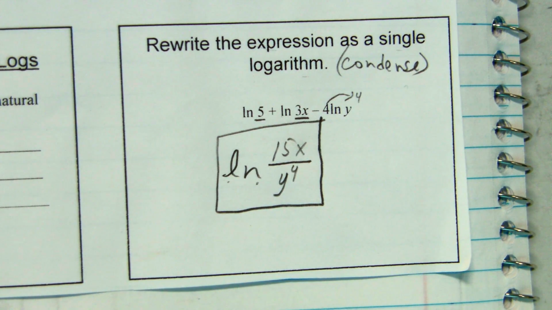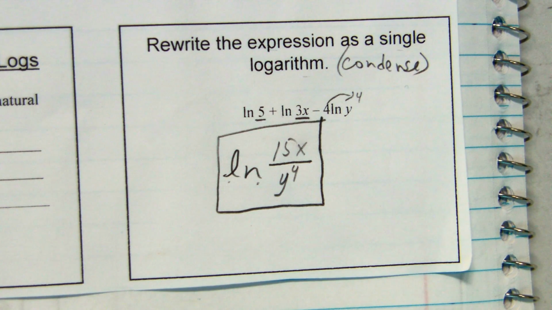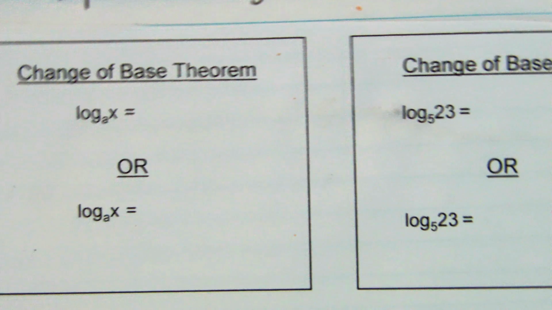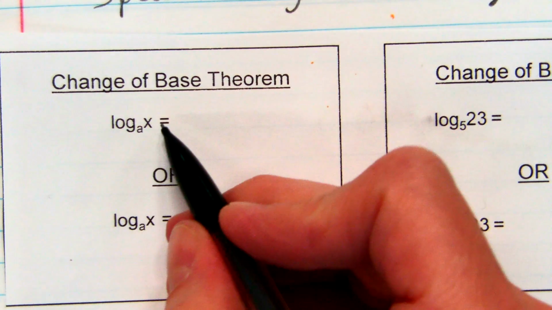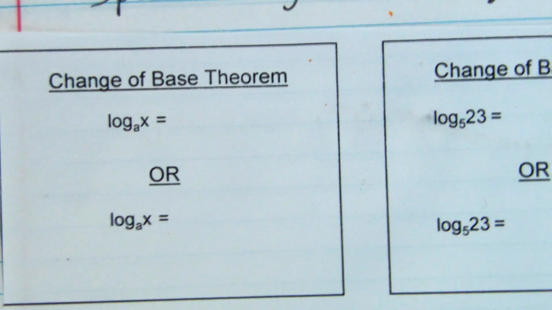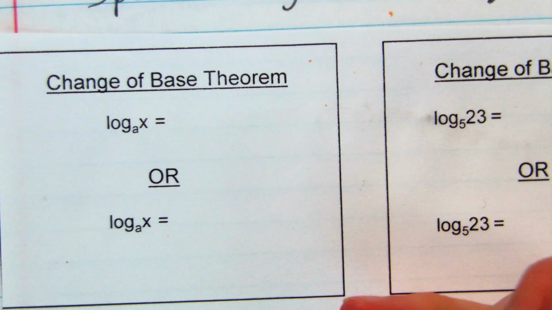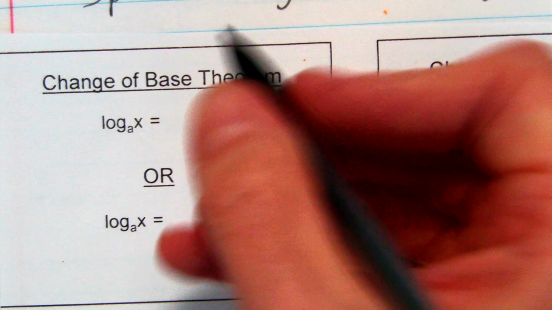All right, so then what do we do about all of the other bases, like base 2, base 3, base 700? We talked about base 10. We only have buttons on the calculator for base 10 and base e. So that's where the change of base theorem comes in. It's not that bad. The change of base theorem says we can change any logarithm of any base into either common logs or natural logs so that you can do it with your calculator.